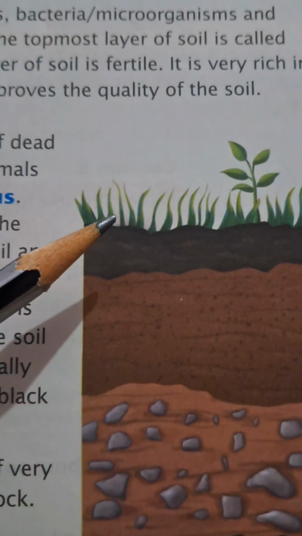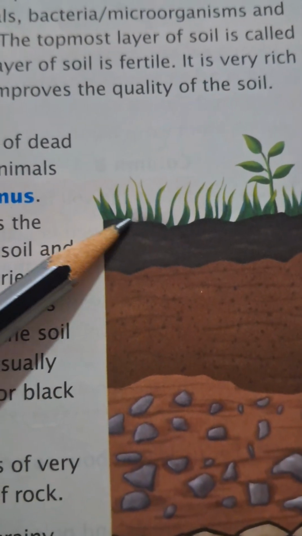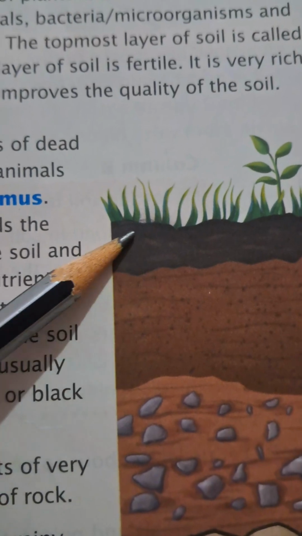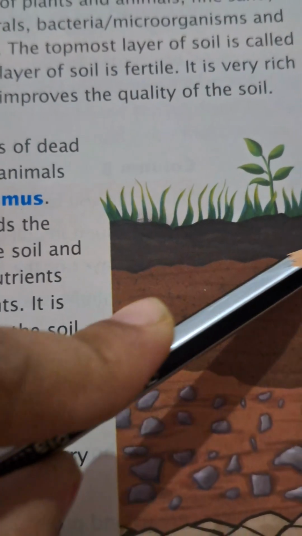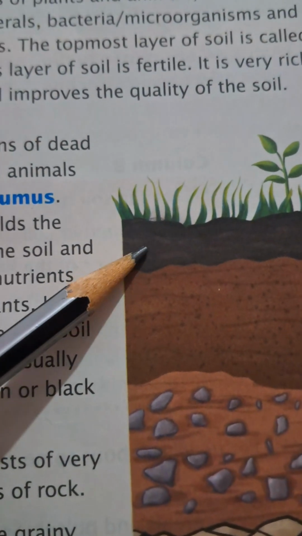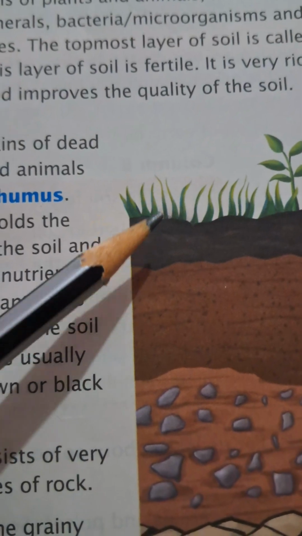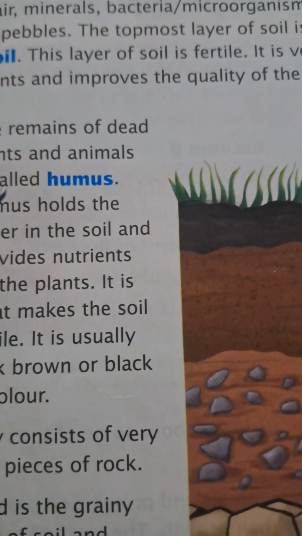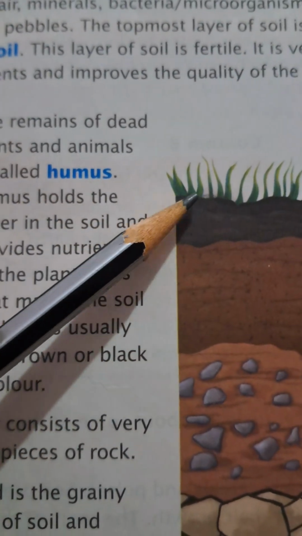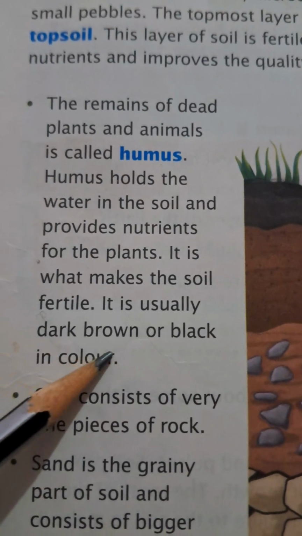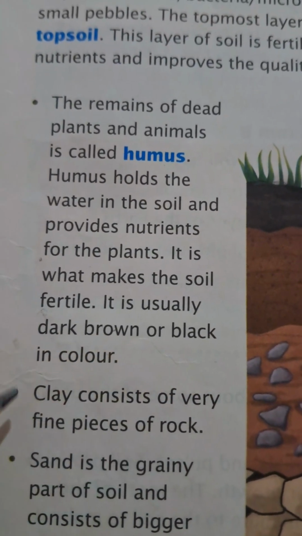So here the humus will be there. After that we have the topsoil. This topsoil is mixed with the humus also, because the dead plants and animals will be here only. So that may be brown or black in color.